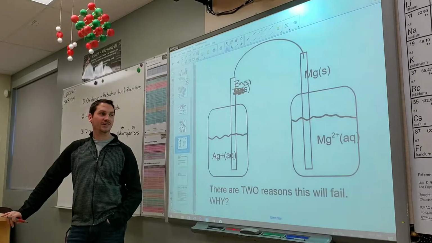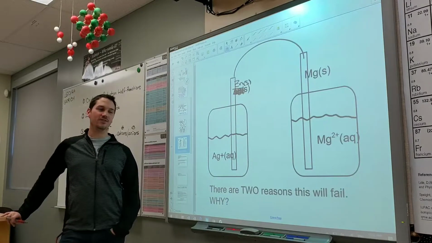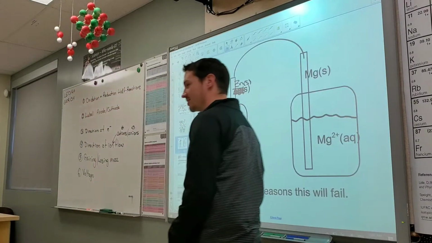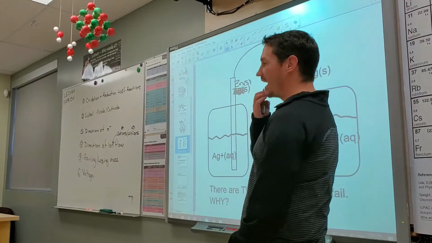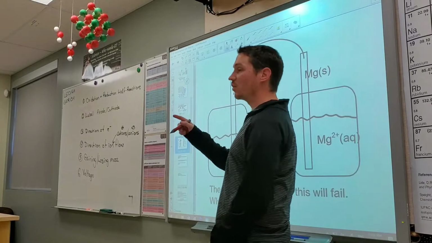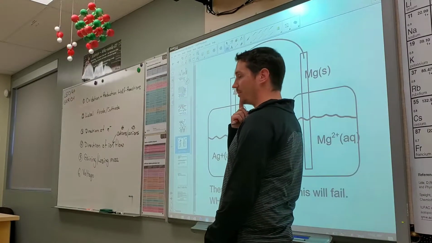What this means for our hopeless student is that one of the metals will react spontaneously with the solution that it's in. That sucks as a circuit because it doesn't push electrons through a wire. Where are the electrons going to leave? What substance do the electrons leave from?